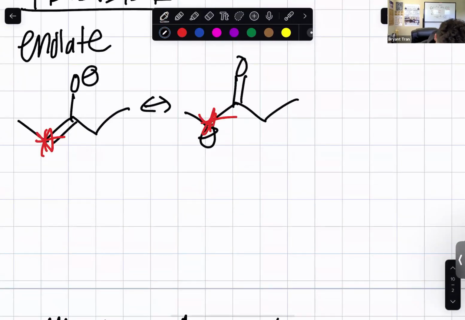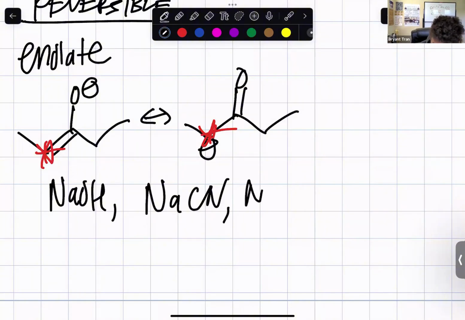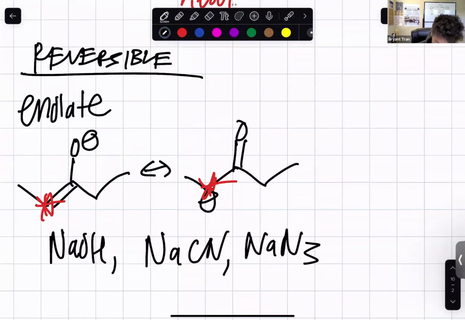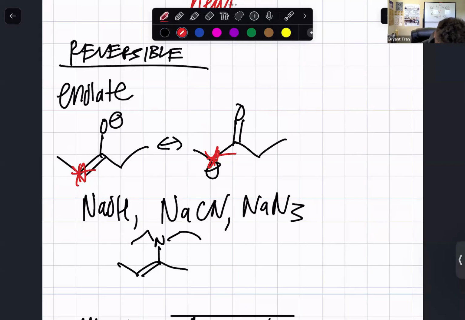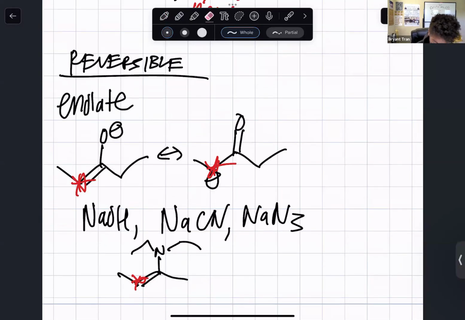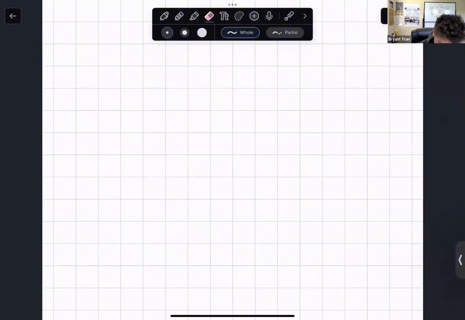There's also going to be the regular nucleophiles you're used to seeing, like NaOH, NaCN, NaN3. You can also see enamines as well, where the alpha carbon here is the nucleophile. But let me show you the mechanism for that and how to predict the product quickly.